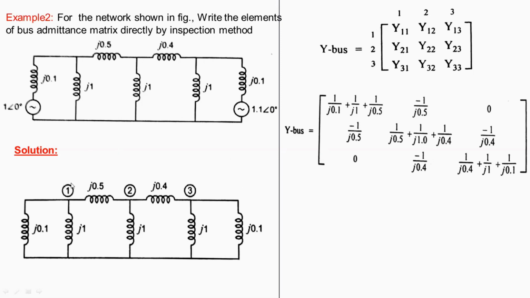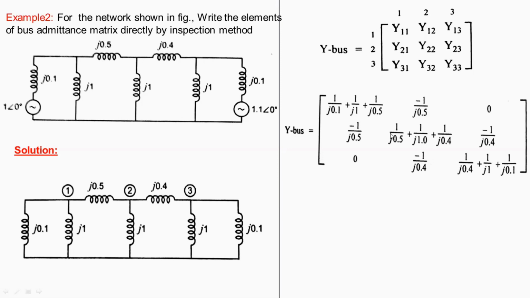There is no direct element connected between 1 and 3 or 3 and 1. So here put 0 in the place of y13 and y31. Then finally y23, that is the element connected between 3 and 2, that is minus 1 divided by j0.4. The negative of the admittances connected between the two buses is called the mutual admittance.